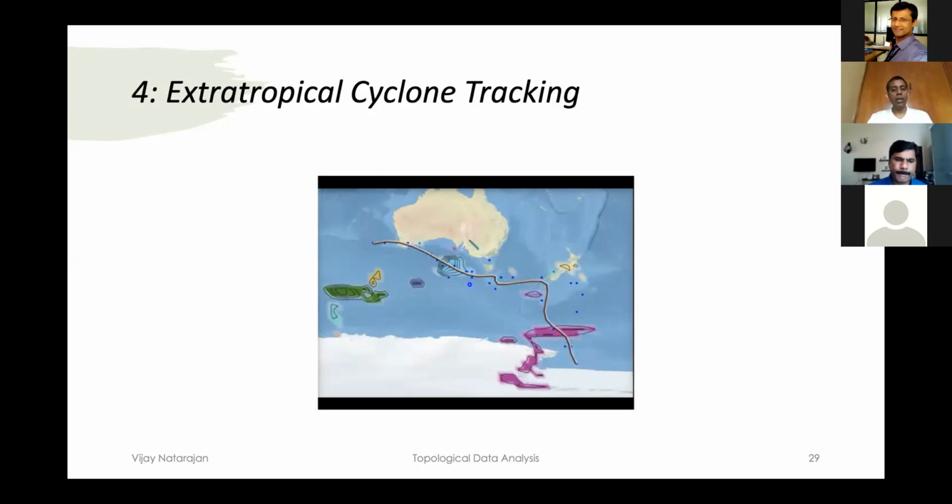Till now there's just a single depression, but you will see later that there are multiple depressions that together form the same cyclone. It is very difficult to identify that these depressions together form a single cyclone. What we were able to do is to use topology-based techniques to identify the presence of a single cyclone and to track it over time. So this was another application.